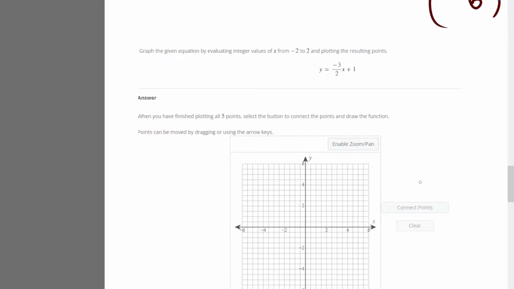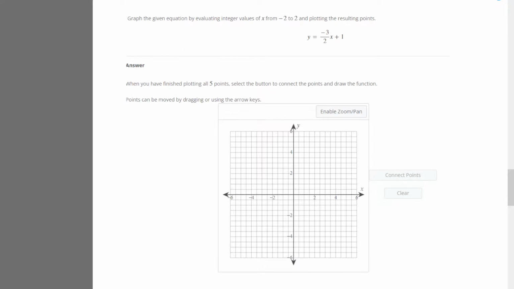So this one is telling us to graph the given equation by evaluating integer values of x from -2 to 2 and plotting the resulting points. Now we already know what the y-intercept is. It's going to be +1. It already gives us that.